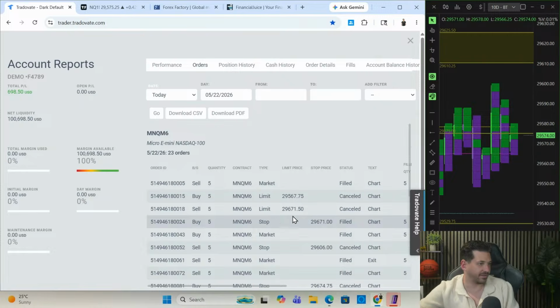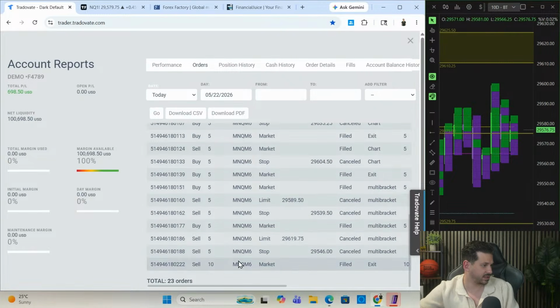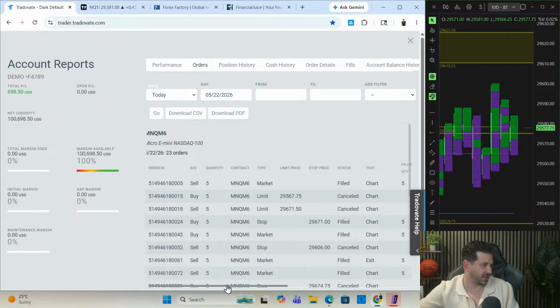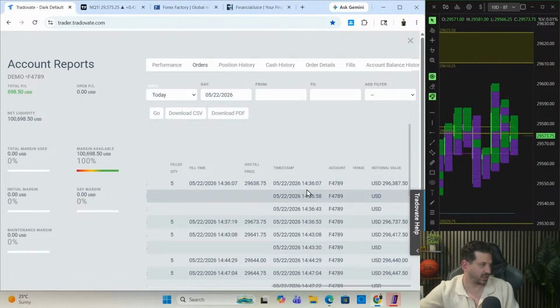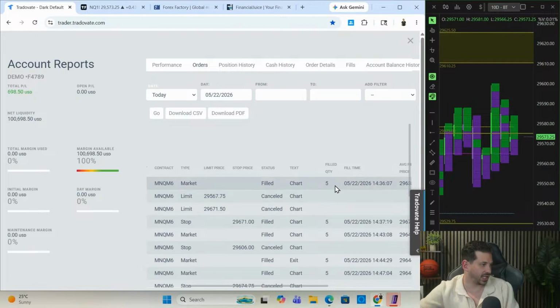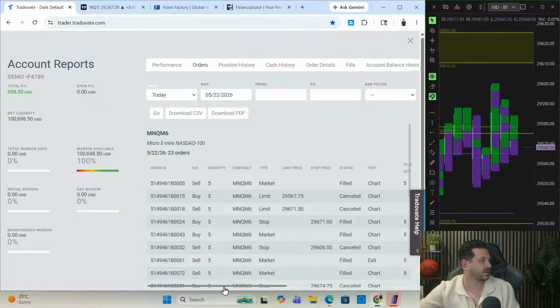So I just went in for a buy at. Does it have the time? Here we go. So it's 2:36. Yeah, only filled. Only did one 5 micros. Oh no. Yeah.